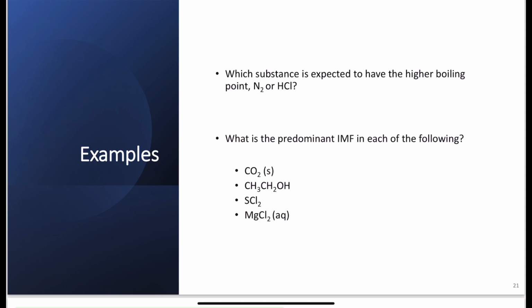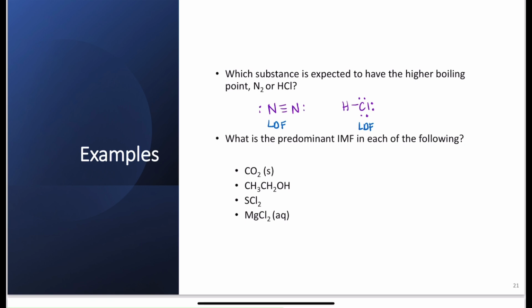If I have N2 and I drew out the structure of N2, it just looks like this. HCl just looks like this. So how am I going to decide this? I'm going to think about what IMFs these things have. LDF, everything has an LDF. But then that's it for nitrogen.